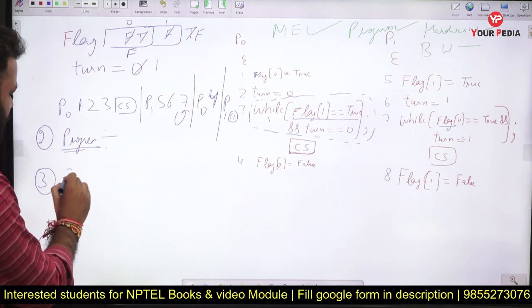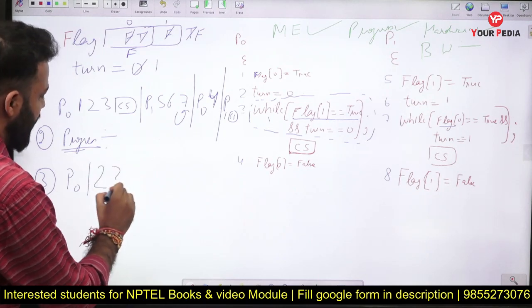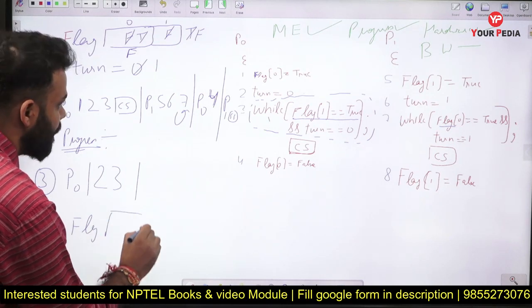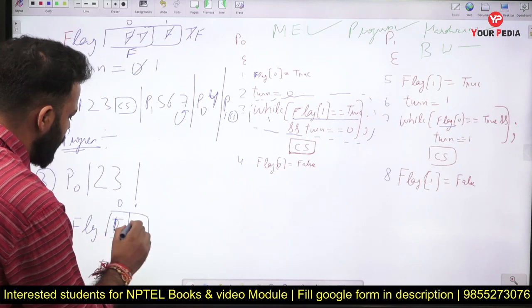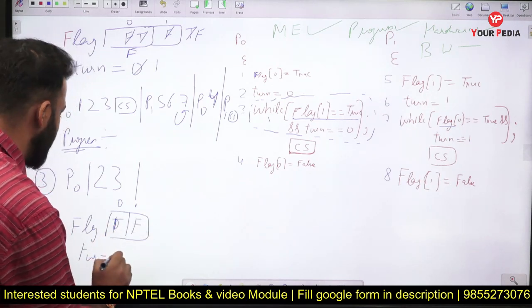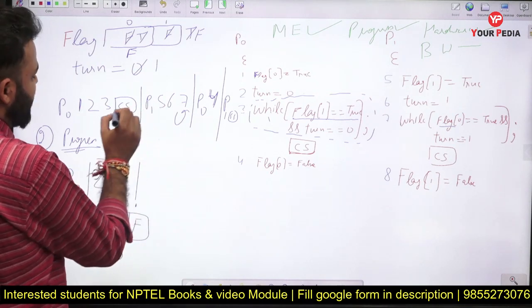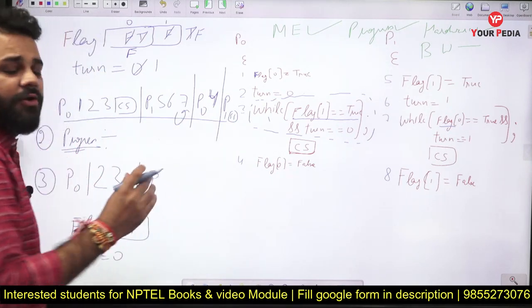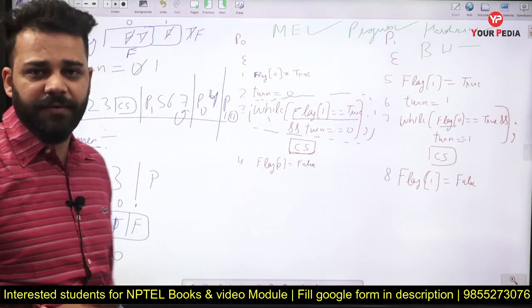So for bounded wait, what we can do is, let's say P0 enters into the critical section and the flag values are true and false and turn variable equal to 0. Now this is the condition for bounded wait. P0 is in critical section. When P1 enters, it will not be able to enter the critical section because there is a mutual exclusion condition here.